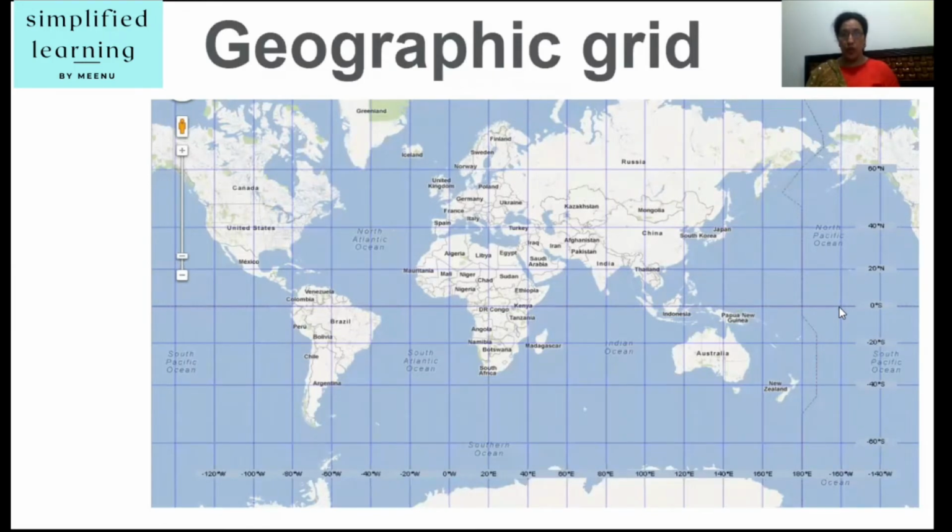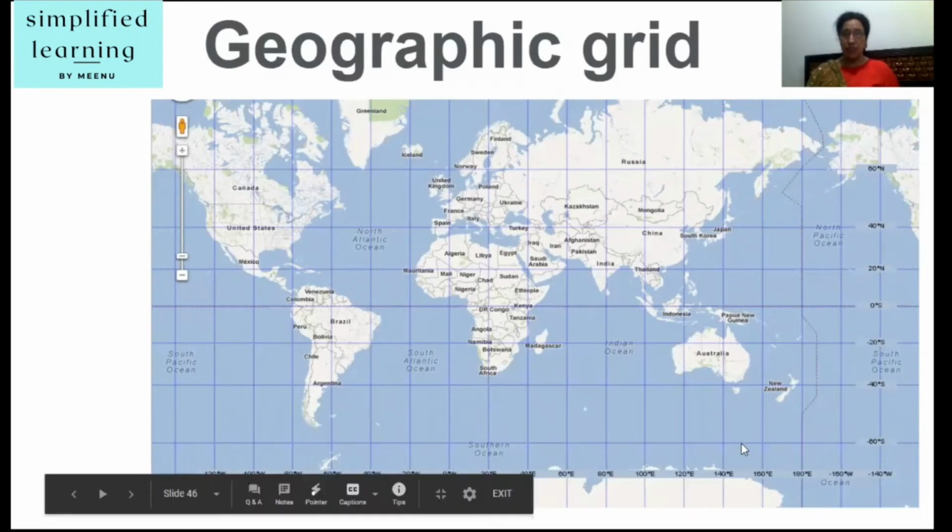So, you know, the equator divides the earth into the northern hemisphere and the southern hemisphere. Here this is 0-degree and then it comes to be 20-degree north, 40-degree north and 60-degree north. Similarly, we go down towards the south, 20-degree south, 40-degree south and 60-degree south.